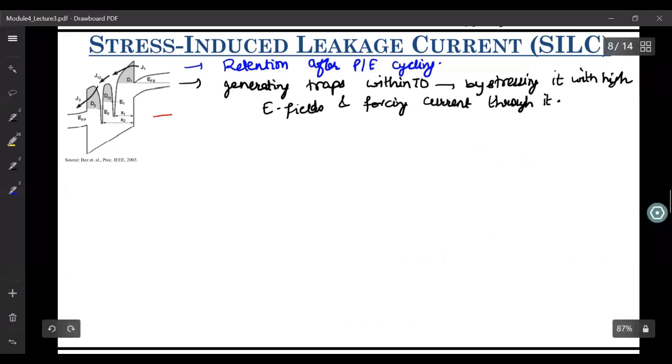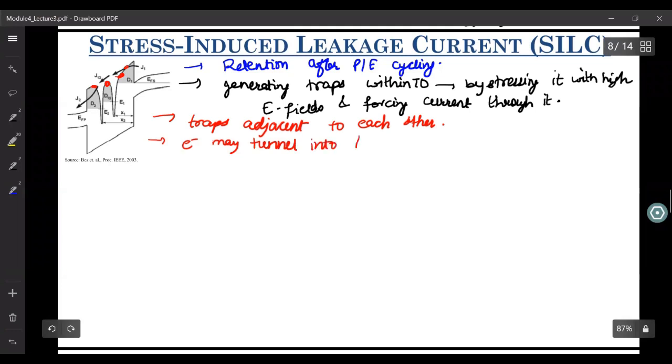What may happen is, if you have a lot of traps adjacent to each other, suppose in this energy band diagram there's a trap here, a trap here, a trap here, and a trap here, electrons may tunnel into these traps, and then they may even hop or tunnel from one trap to another.